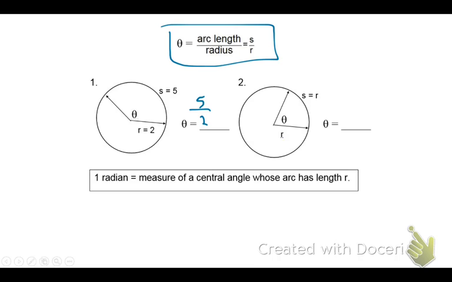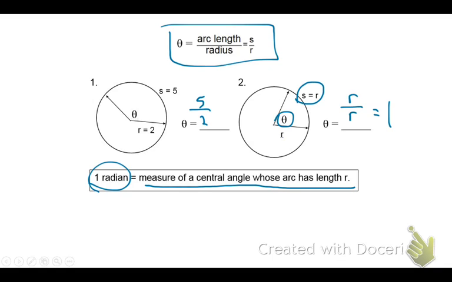And then if I look at the second one, a little different here, they tell me that the arc length equals the radius. So if my arc length equals my radius, my r would be divided by r, or simply 1. So 1 radian will equal the measure of a central angle, in this case theta right here, whose arc has a length of r, which is this right here.